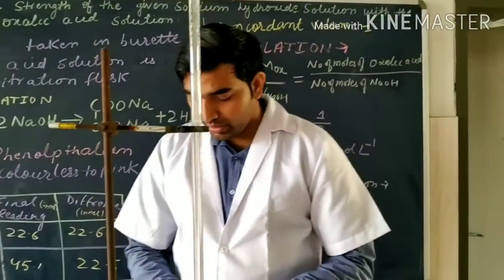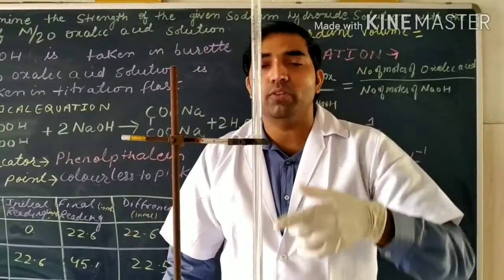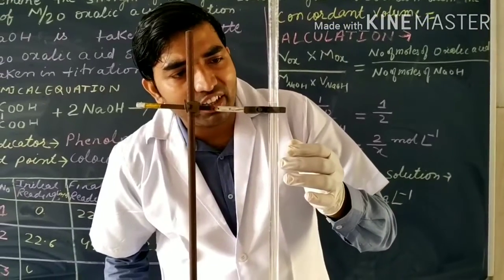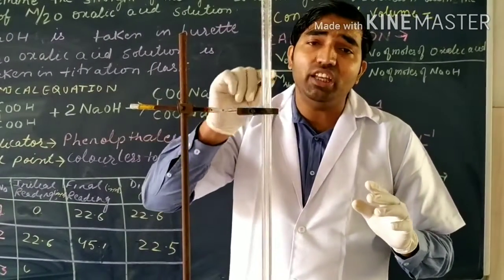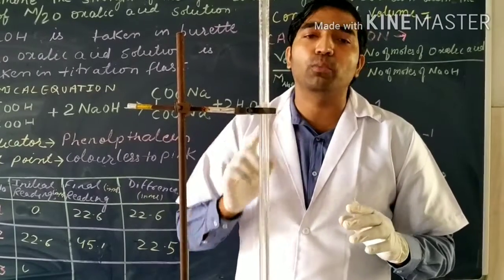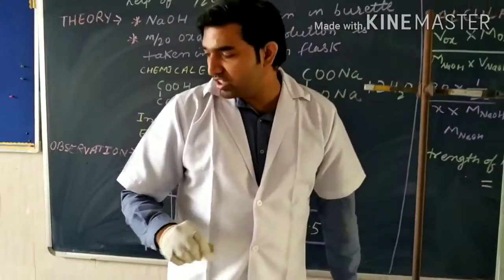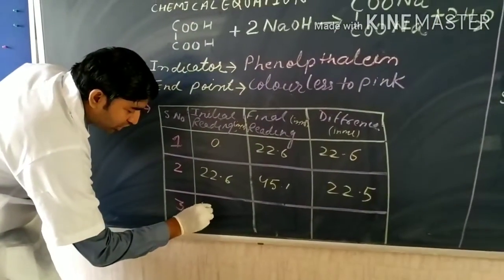See the reading: 4.9 ml of the previously filled burette is left, and the next reading is 17.6, which means the final reading is 17.6 plus 4.9, which is 22.5.